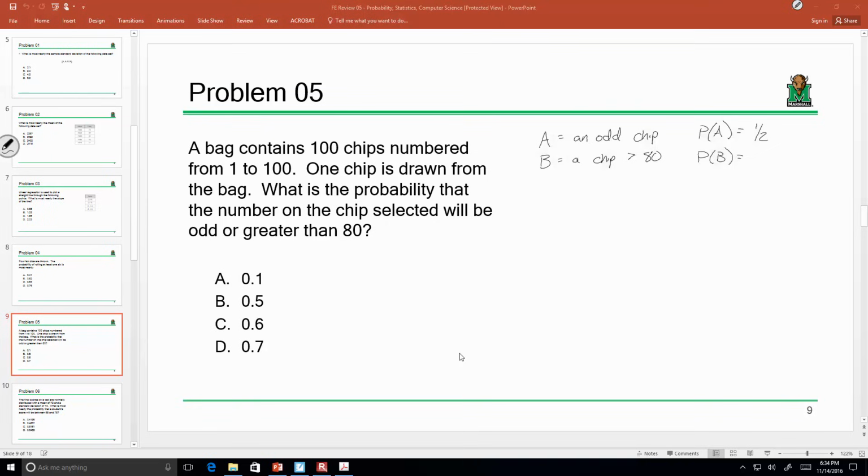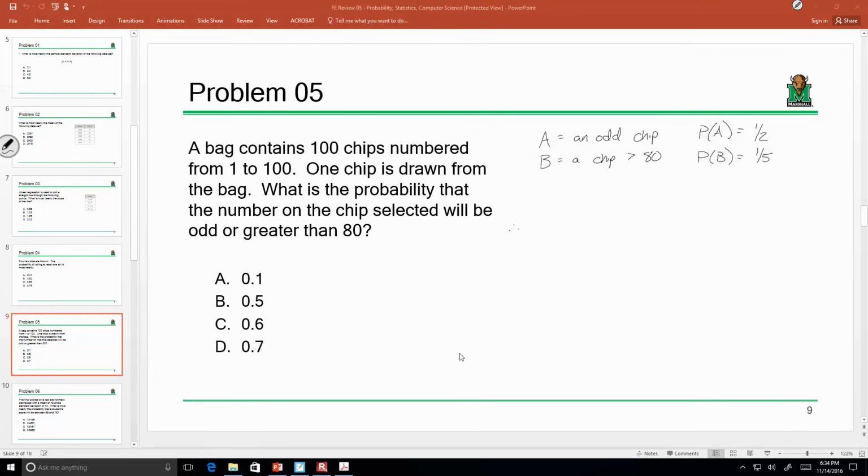If the chips are numbered 1 to 100, how many chips in that bag are greater than 80? 20. So 20 chips out of a possible 100, 1/5.